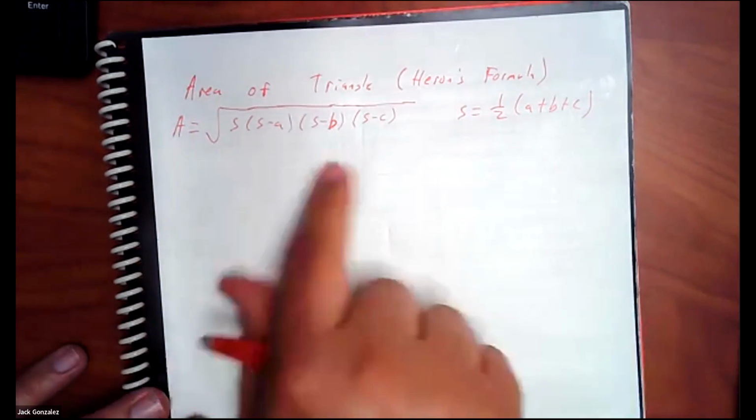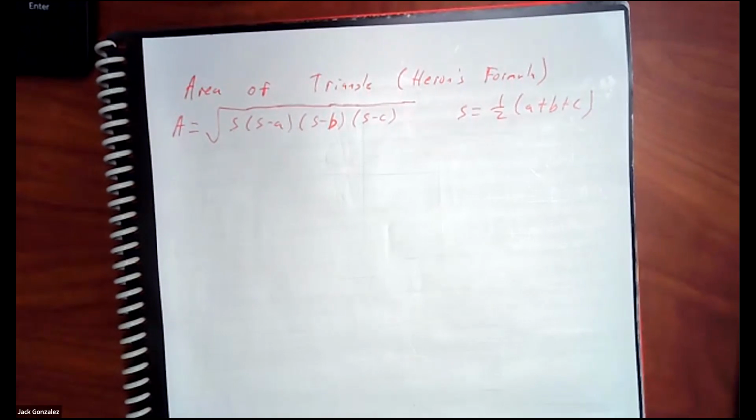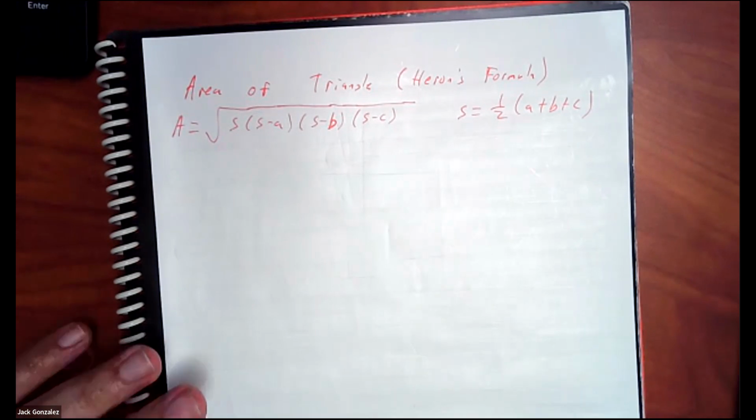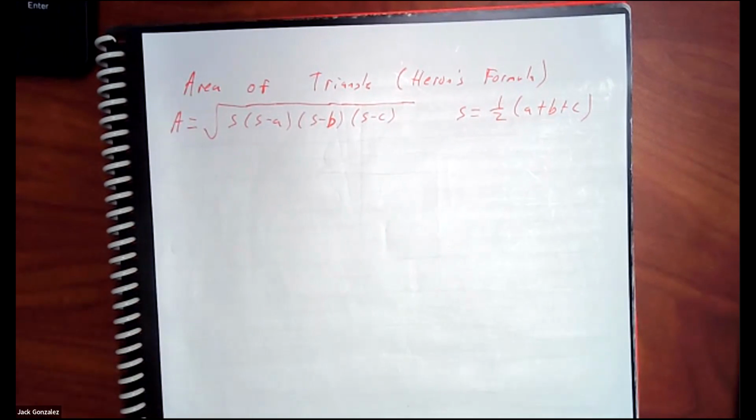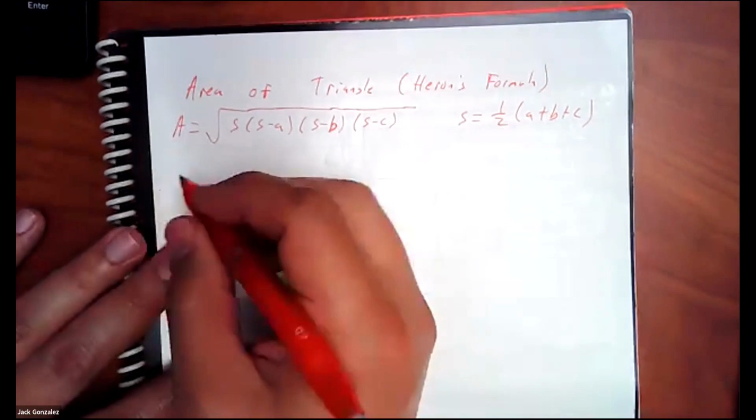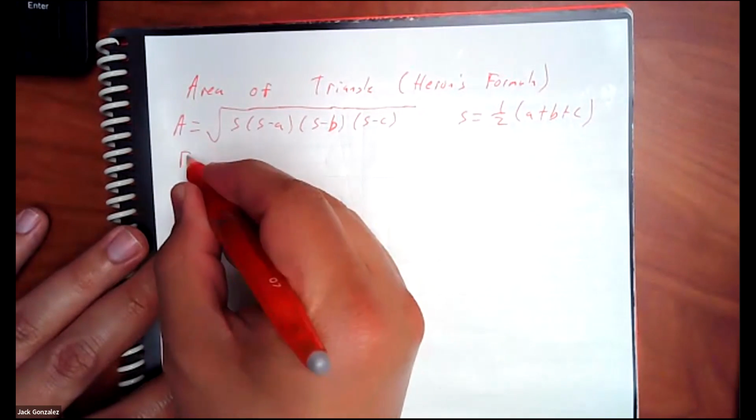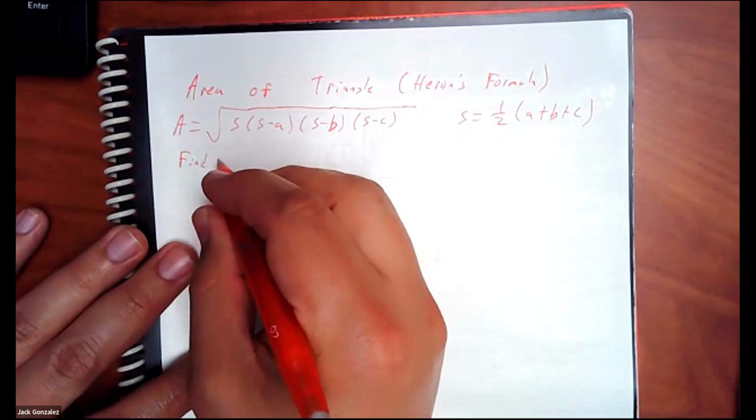This is a formula I like to use. There's a few other area formulas that the homework might refer to, but I like this better. Just find the sides and you're good. But you can do whatever you want, as long as it's legit math. Find the area.